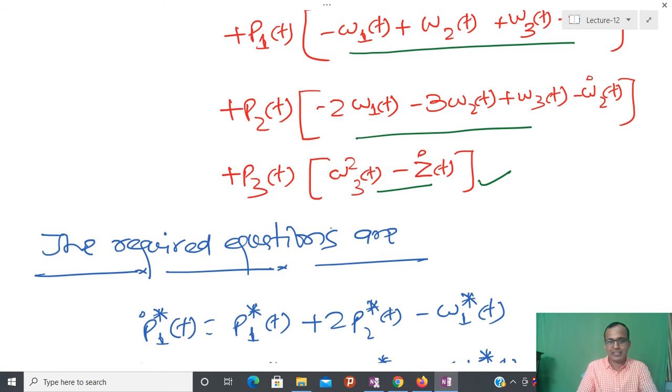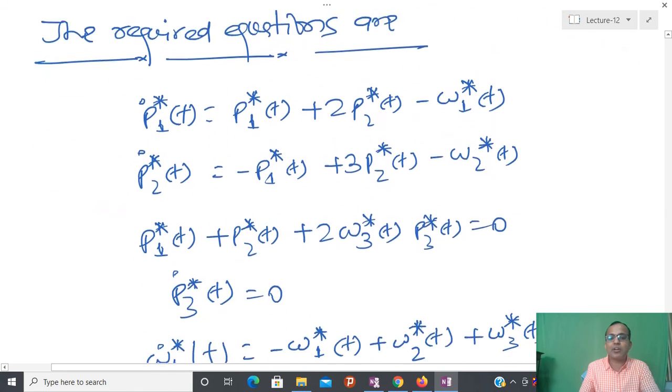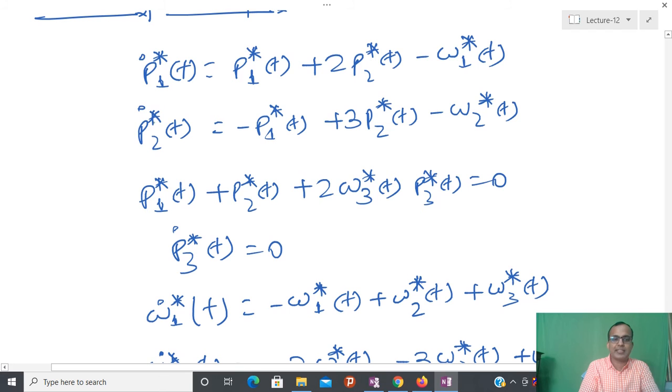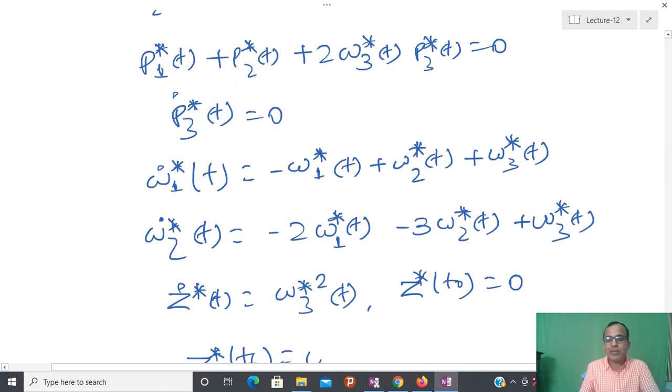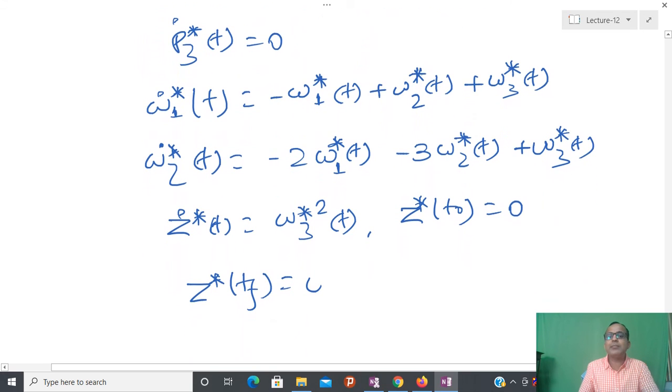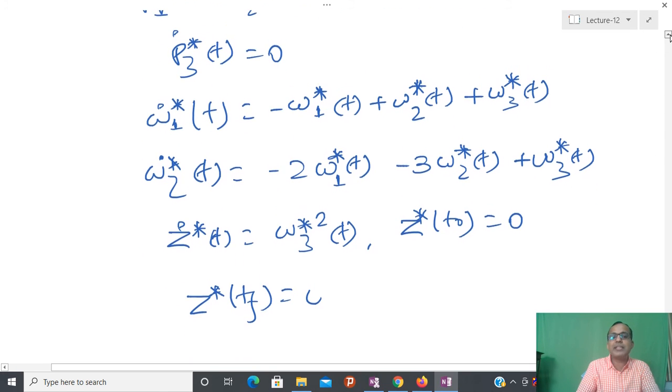You can apply the Euler-Lagrange equation, in terms of the partial derivative of the augmented function with respect to omega, and after that the partial derivative with respect to z dot. You have to solve it, and you will get this set of equations. So please check that after solving, I have this many differential algebraic equations.